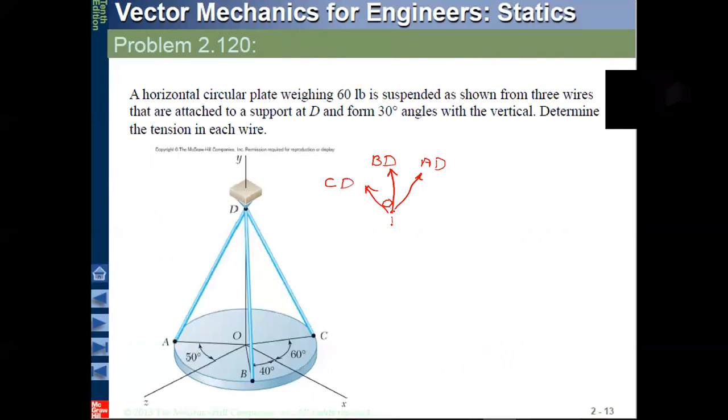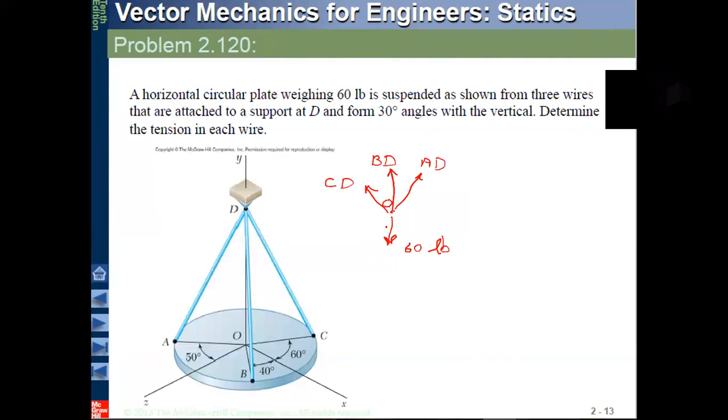And you also have a weight force that is vertically downward, which is 60 pounds. Okay, so here we have the free body diagram.